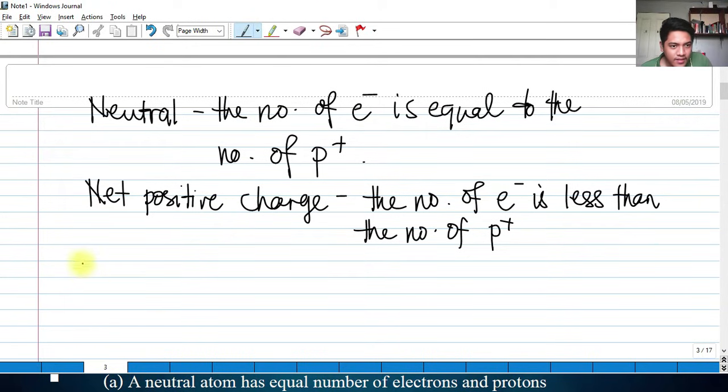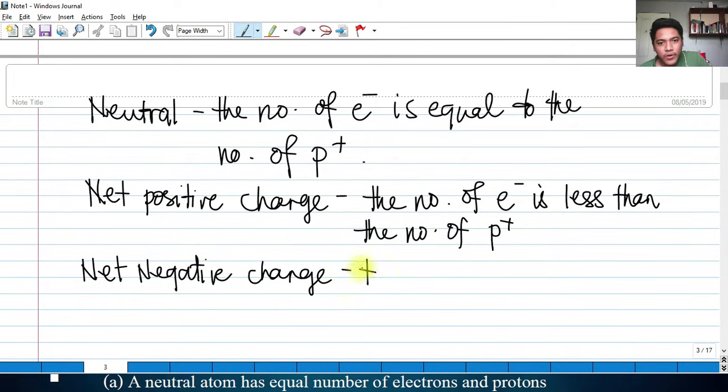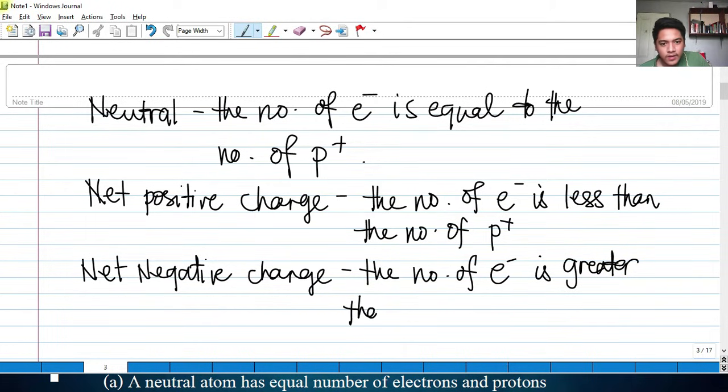And a net negative charge says that the number of electrons is greater than the number of protons. It's not hard to actually grasp the concept.